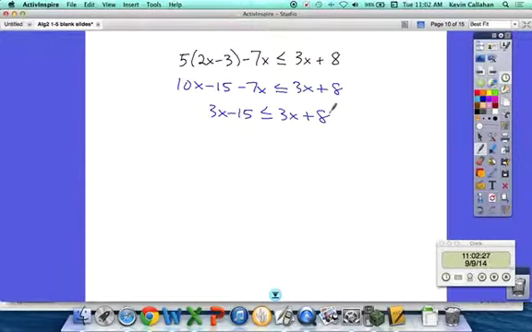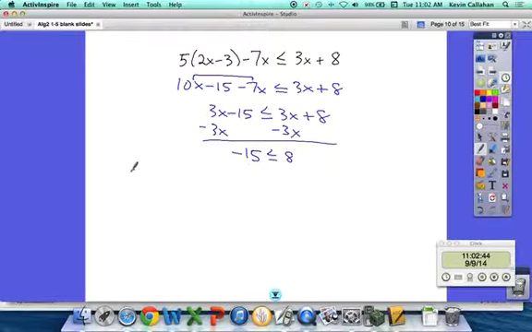That's these two terms here. And then subtract 3x from both sides. I get negative 15 is less than or equal to 8.